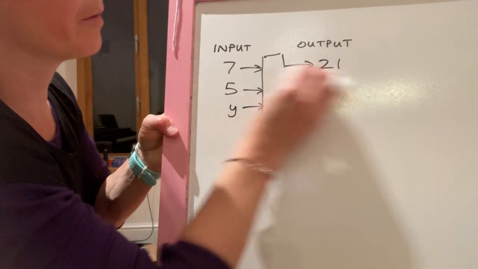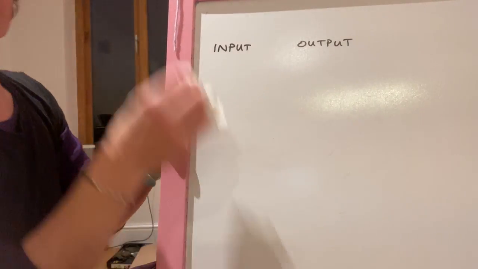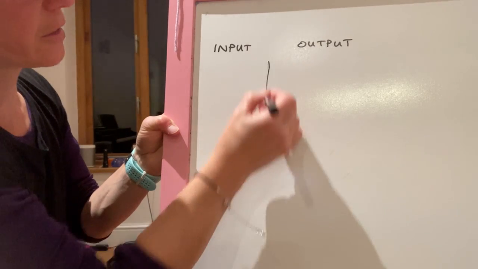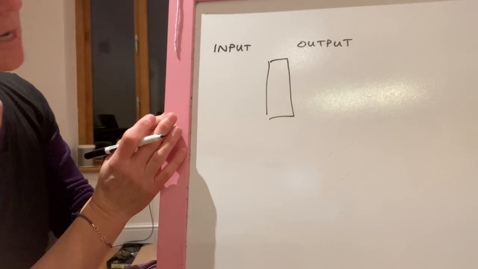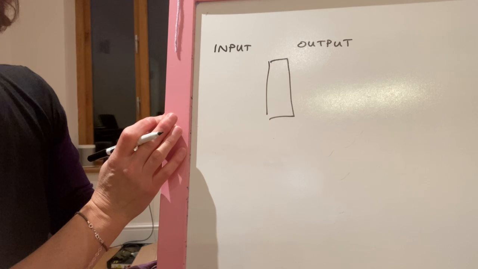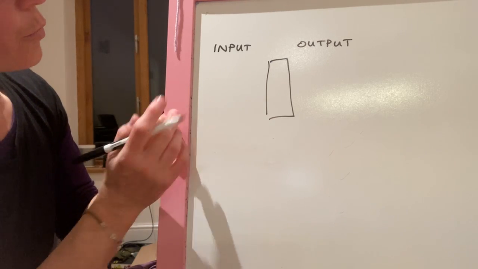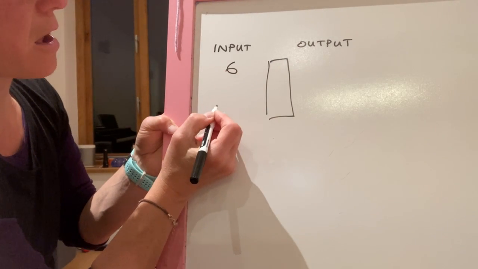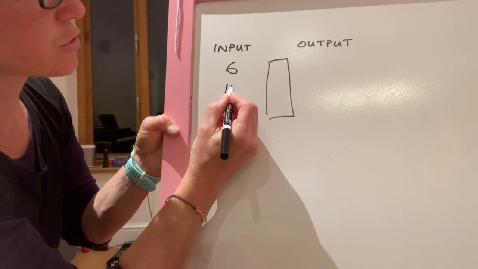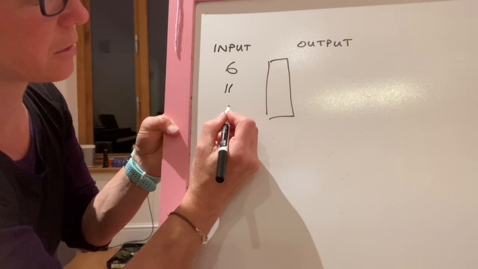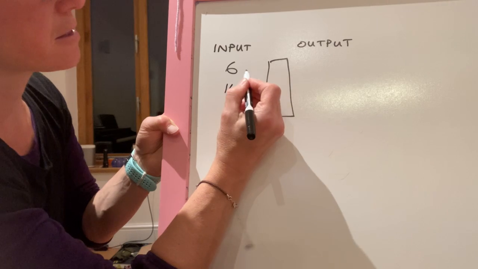Okay, I'll give you one more, and then you can have a go at some on your sheet. So for this function machine, we're going to start with 6. We're going to start with 11, and we're going to start with a.